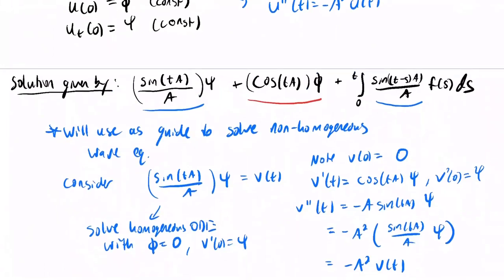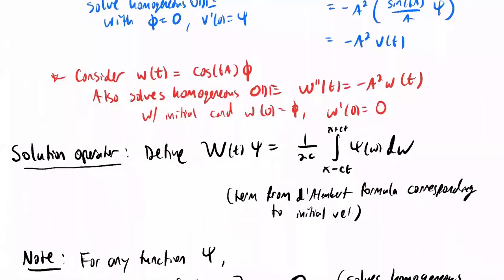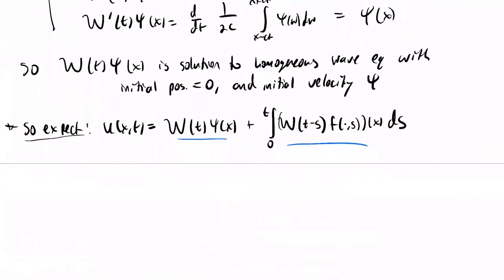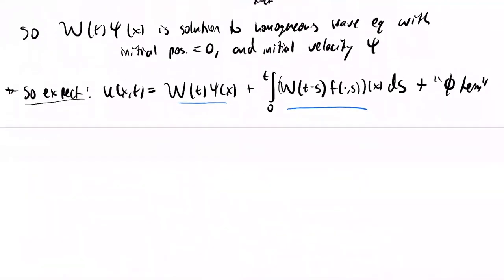And now we just need to figure out what the term corresponding to phi is, the initial position. So plus a phi term. This is only intuitive, motivational, where we're trying to match up with what happens with the ordinary differential equation, but it turns out to be correct.